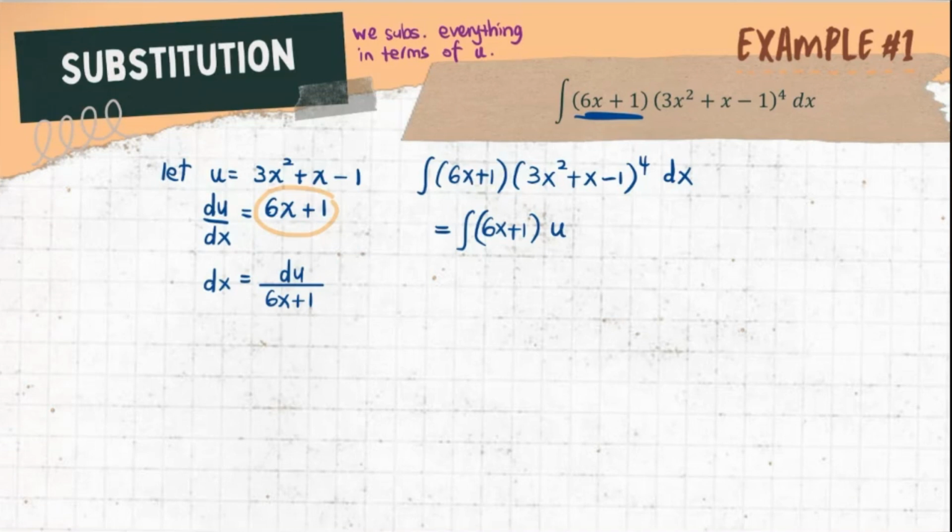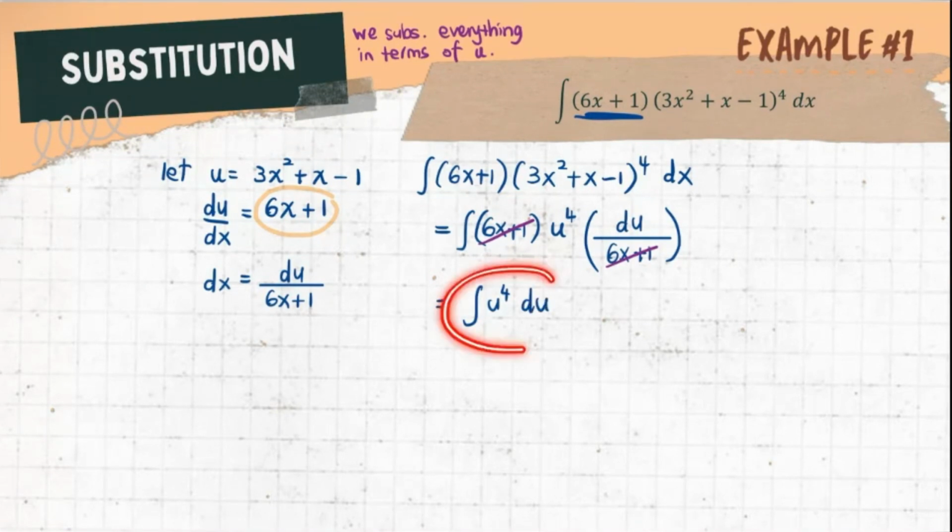So it will be u to the power of 4. Dan dx ini kita tulis sebagai du over 6x plus 1. And from here we can see that 6x plus 1 can be cancelled with the denominator 6x plus 1. And now rewrite back, integrate u to the power of 4 du.